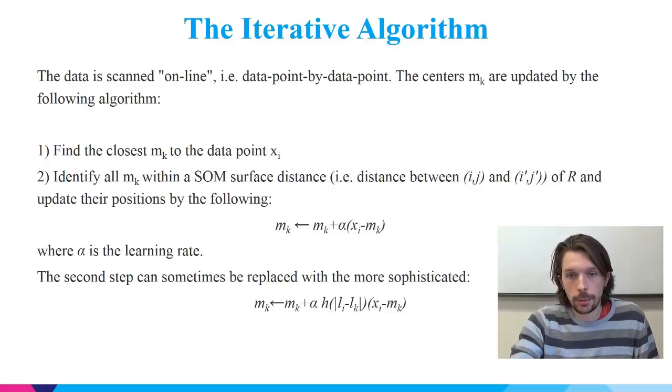We're going to change their position from their current position to their current position plus alpha, a parameter called the learning rate, which multiplies the vector difference between the data point under consideration and the closest center, mk.